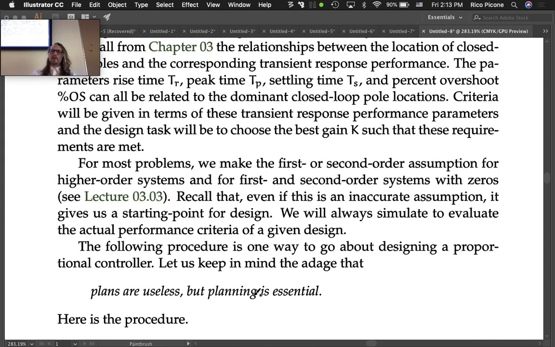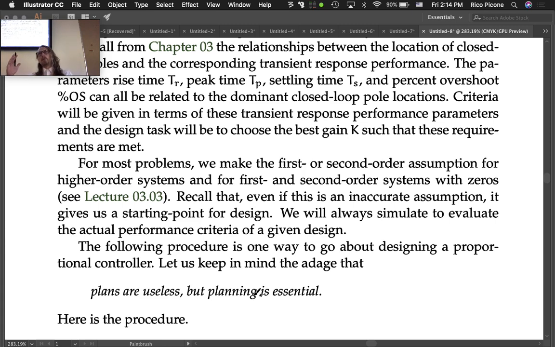For most problems, we make the first or second order assumption for higher order systems and for first and second order systems with zeros, even though it doesn't perfectly hold in many cases. Recall that even if this is an inaccurate assumption, it gives us a starting point for our design. We will always simulate to evaluate the actual performance criteria of a given design.